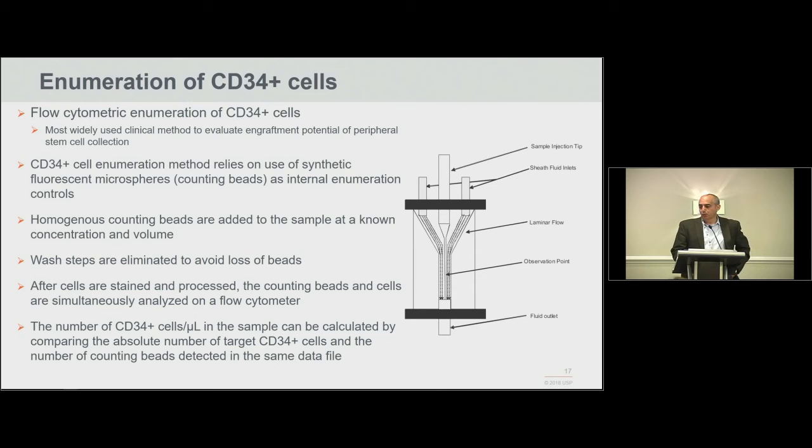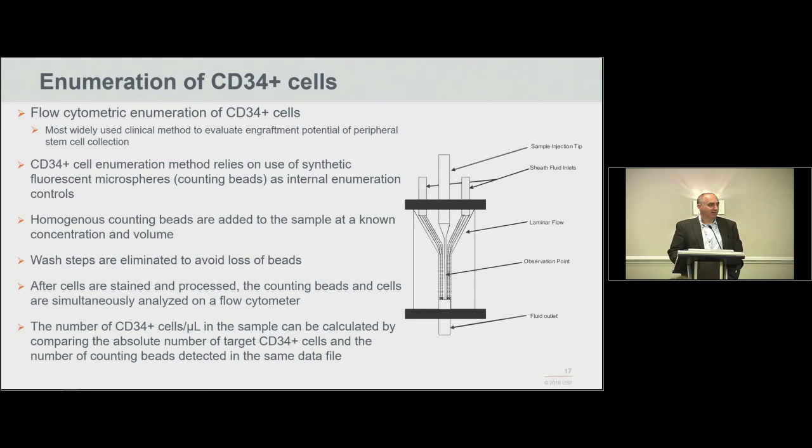And this is the procedure which some of you are probably familiar with, but it's basically a method that relies on the use of synthetic fluorescent microspheres, the beads, as internal enumeration count controls. The homogeneous counting beads are added to the sample at a known concentration, and the wash steps are eliminated to avoid the loss of beads.